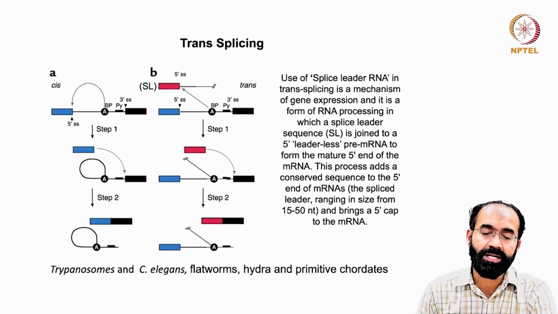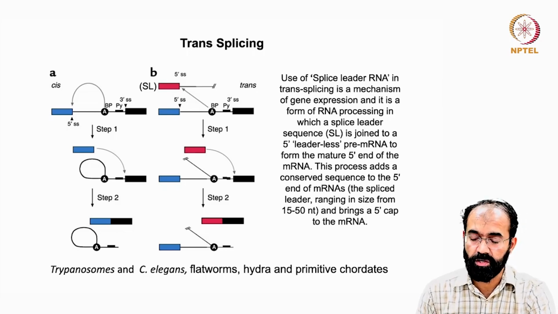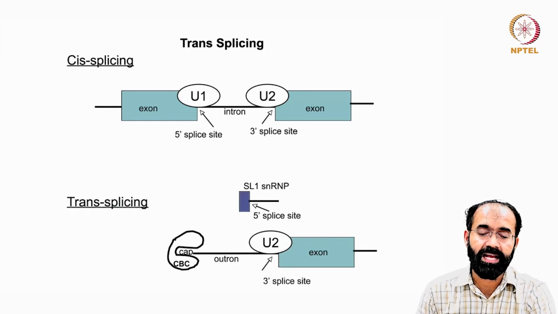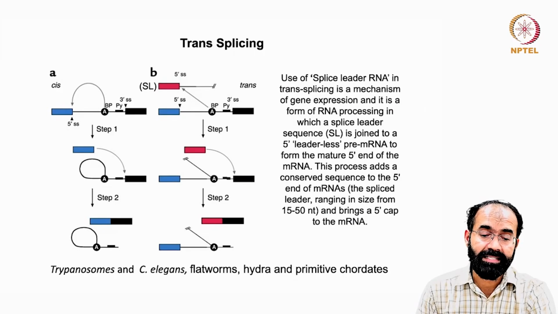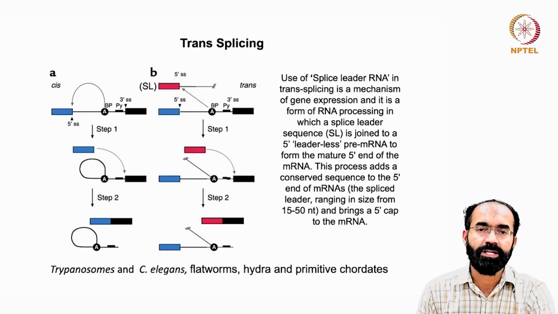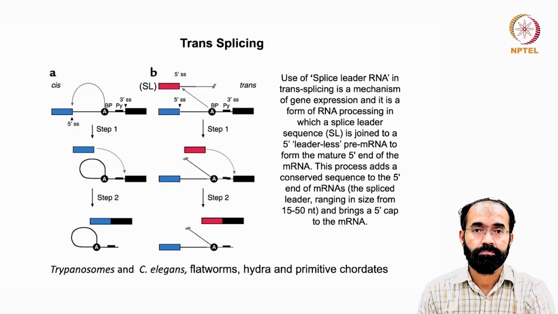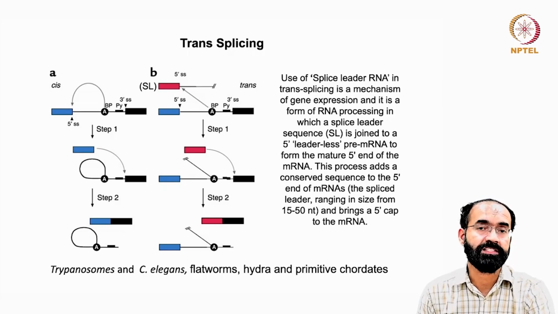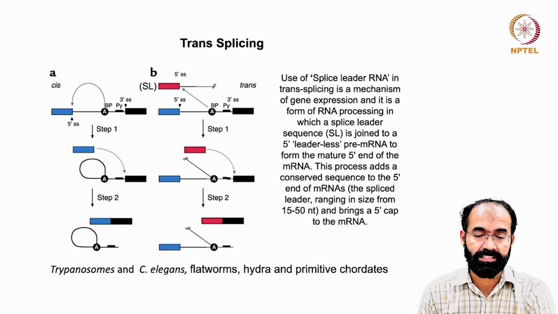Many times this is useful for genes that don't have a first exon, so it can contribute the first exon. And in this case, the first exon is there, but you don't want it, you want diversity. So this newly formed exon fuses and brings a diverse exon into an RNA which was never there during its transcription.